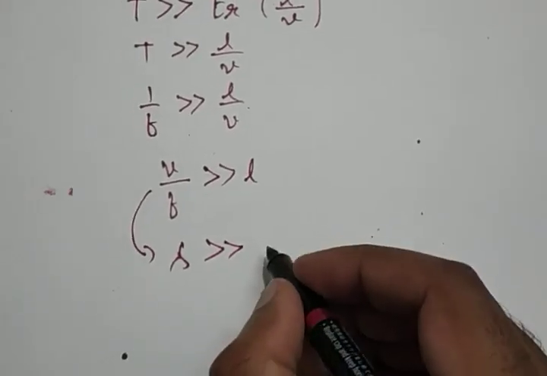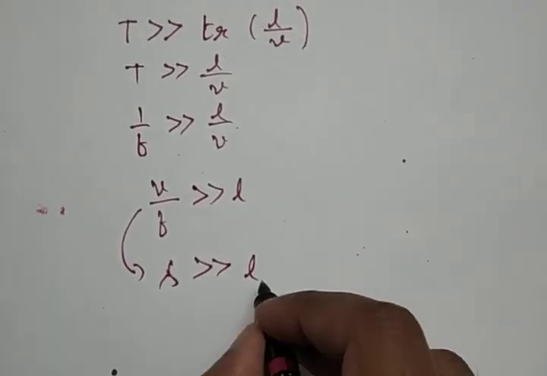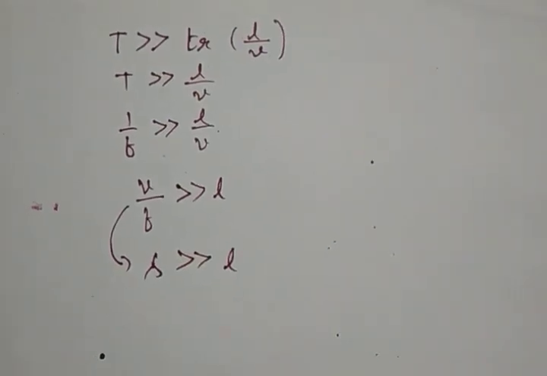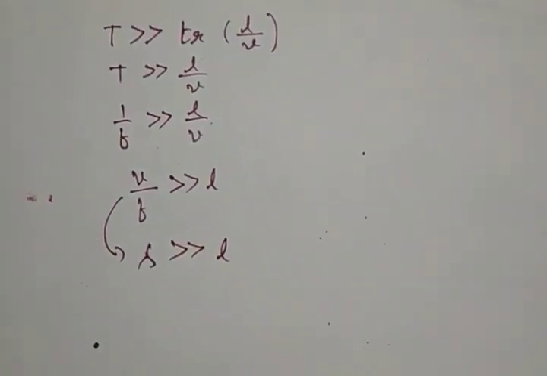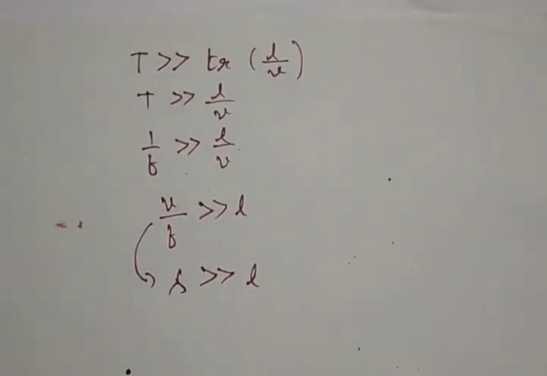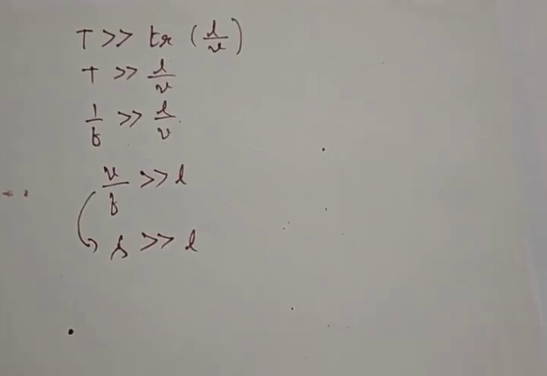So this lambda will also be too much greater than length. At that time we can neglect the TR. So for higher lambda, if lambda is greater, then TR can also be ignored. This thing we have to remember in this concept.